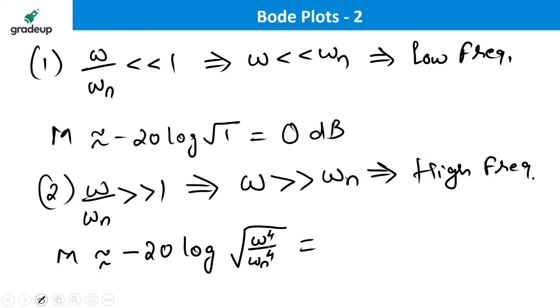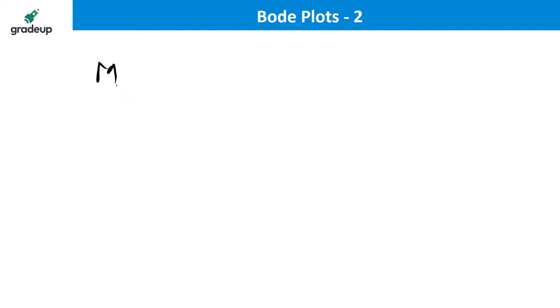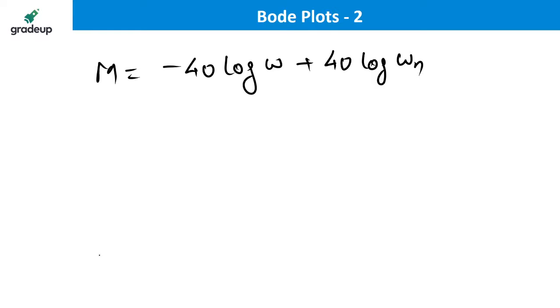Under root and power 4 cancel, power 2 remains. Take the power 2 outside, so it is minus 40 log omega upon omega n, or the magnitude is minus 40 log omega plus 40 log omega n, because log of a by b is log a minus log b.